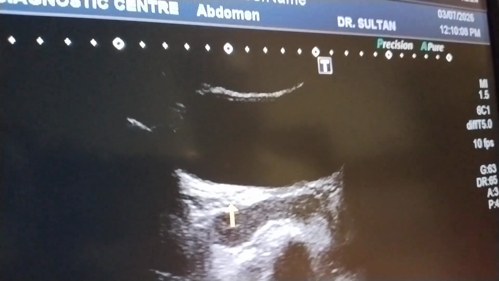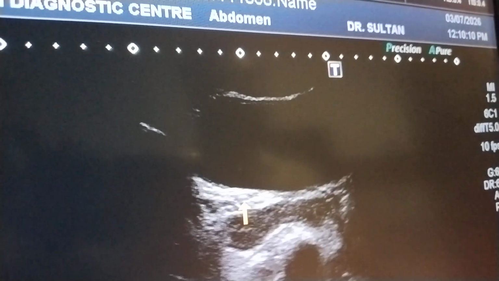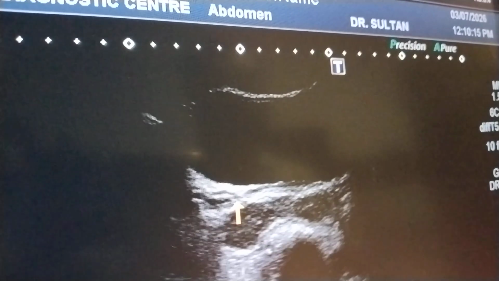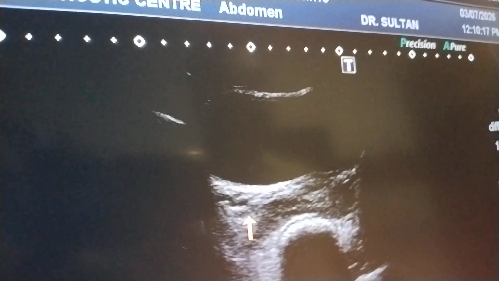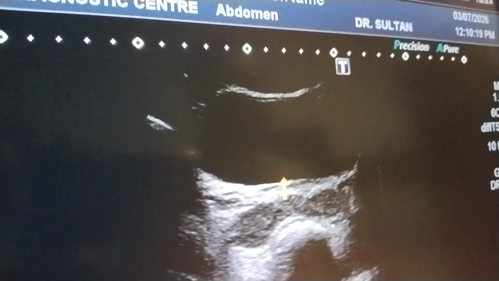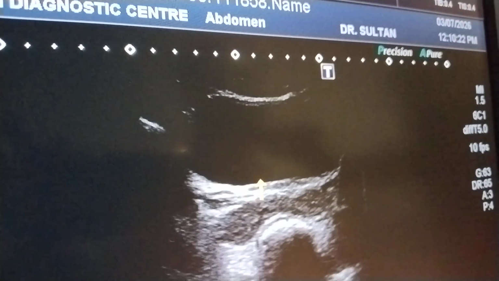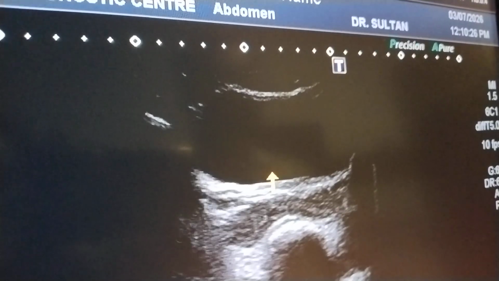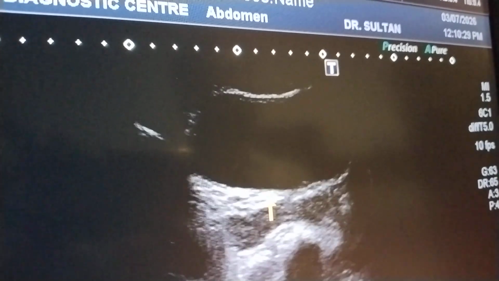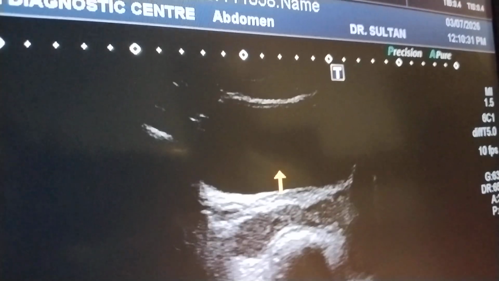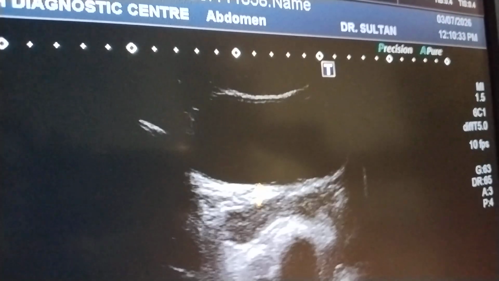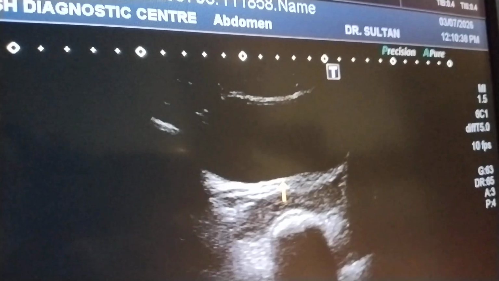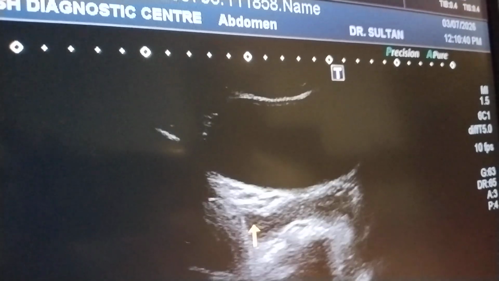Here we can also appreciate the stone, a very small stone, maybe 4 millimeter. This intramural part, which has an oblique turn into the urinary bladder, helps prevent vesico-ureteric reflux.